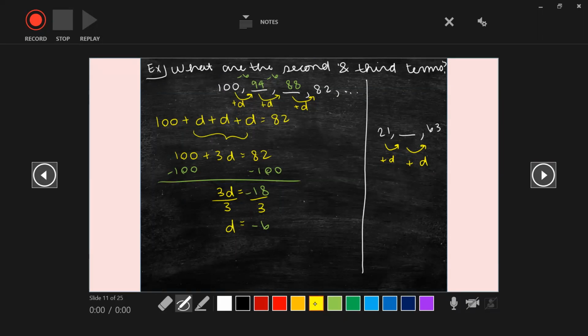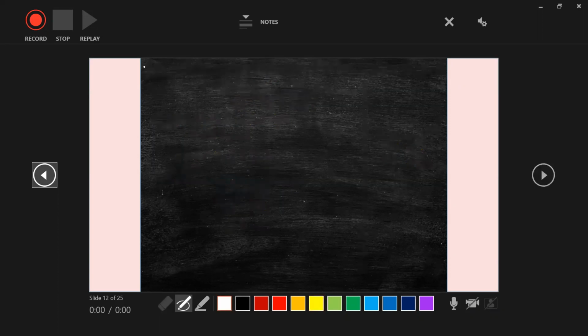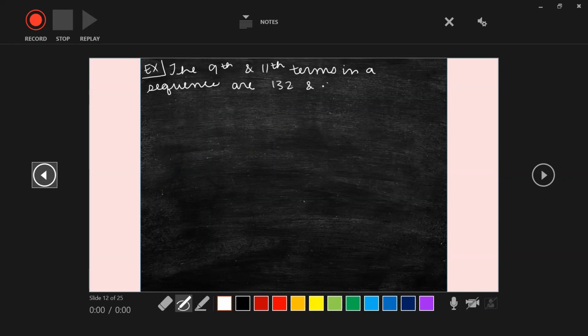So let's do this. This is the last one. The 9th and 11th terms in a sequence are 132 and 98.